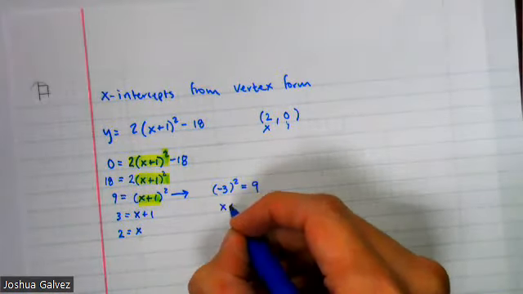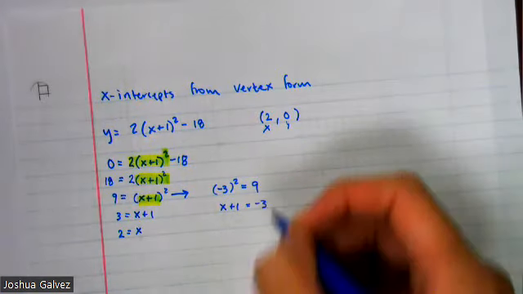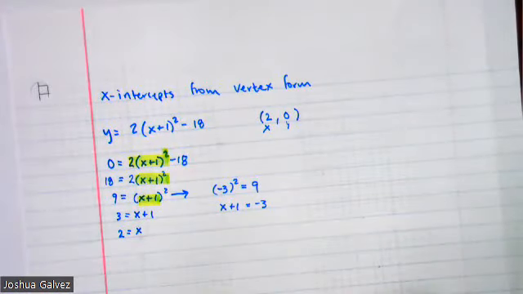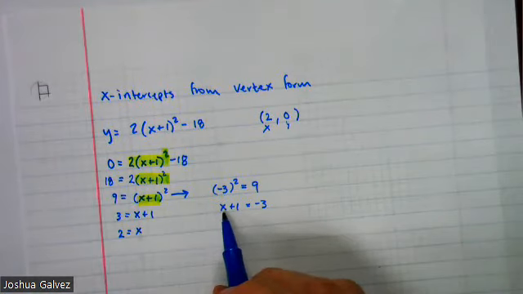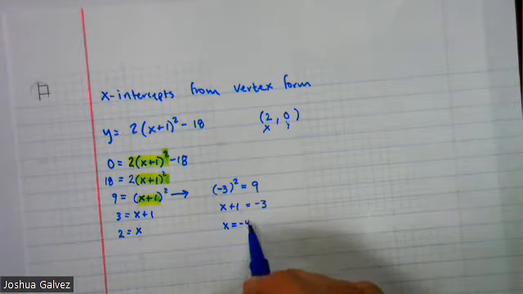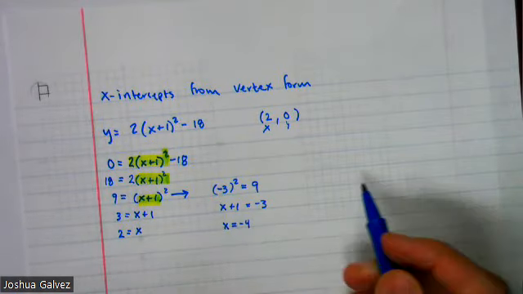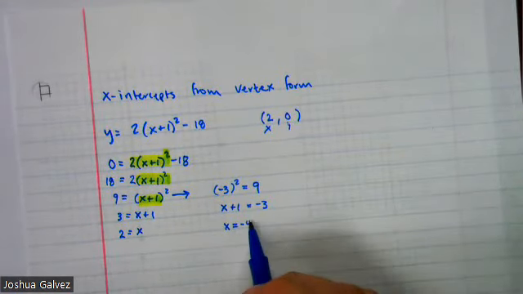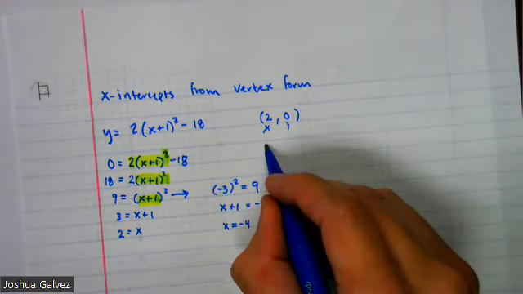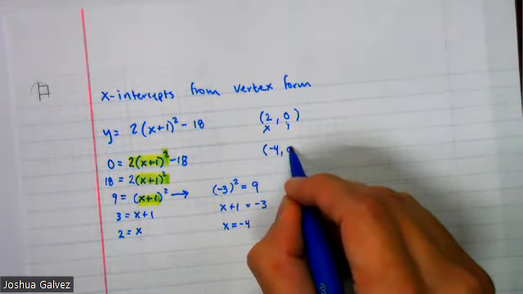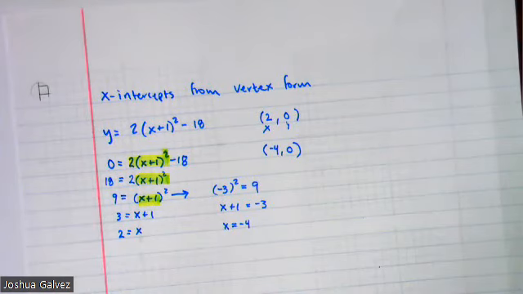So we can write x plus 1 can be negative 3. And if that's the case, then we want x to be negative 4, because negative 4 plus 1 would be negative 3. So here we have another x value that would also work. And those are our 2 x-intercepts.